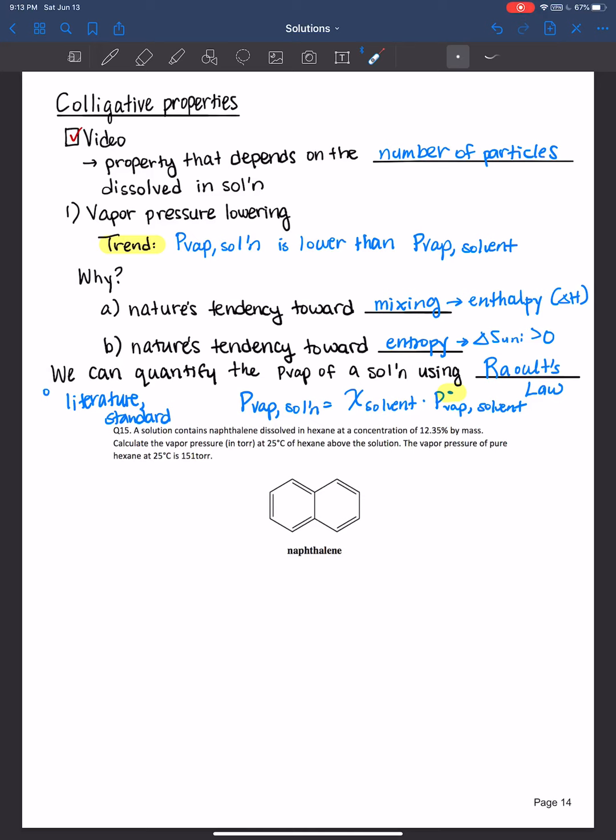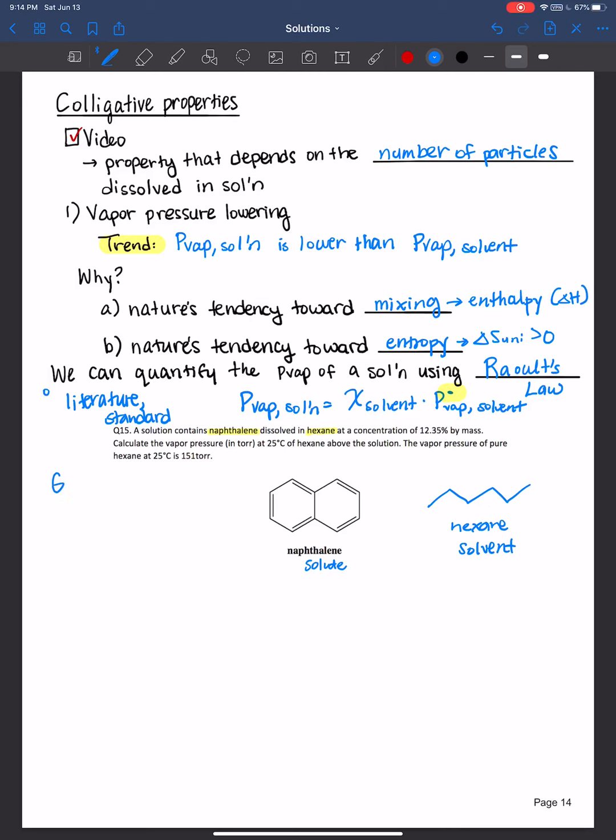So let's work an example together. We have a solution that contains naphthalene, and it's dissolved in hexane. And so that tells you that naphthalene is your solute and that hexane is your solvent. And it's important that we identify this when we're calculating concentrations.